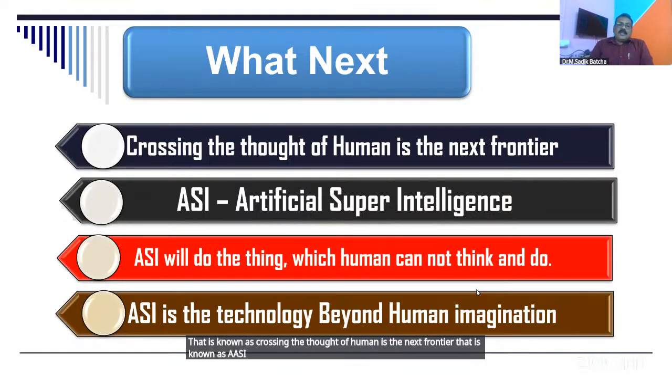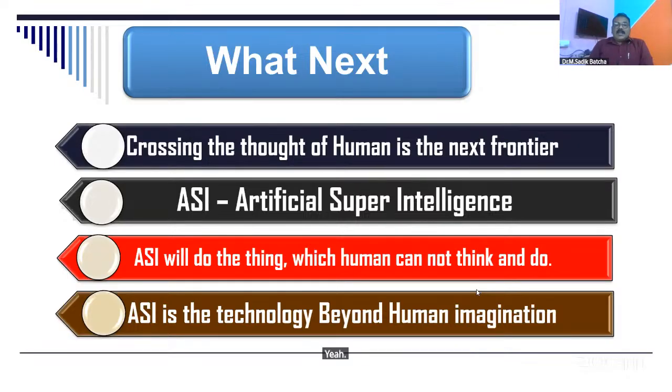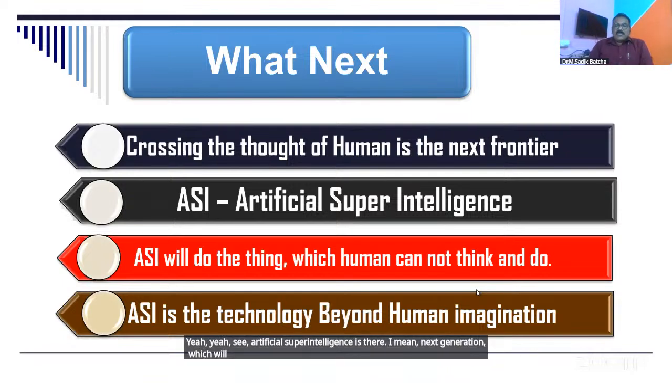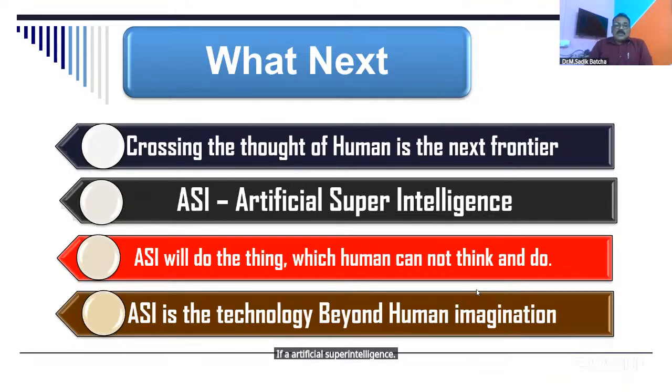Try to understand: ASI, artificial super intelligence, is the next generation which will occupy very soon. ASI will do the things which humans cannot think and do. ASI is another model which is going to occupy very soon after AGI.